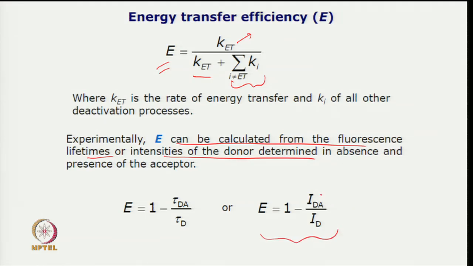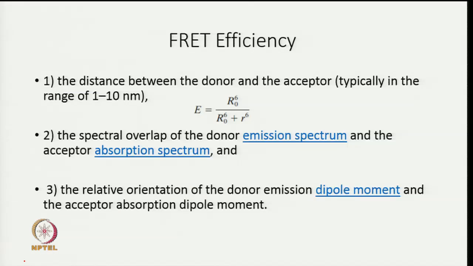So E is 1 minus I_DA divided by I_D. This is the intensity of the donor in presence of acceptor, and this is the intensity of the donor. This is your energy transfer efficiency, and we can also write it in terms of lifetime: 1 minus the lifetime of donor in presence of acceptor divided by the lifetime of donor in absence of acceptor.